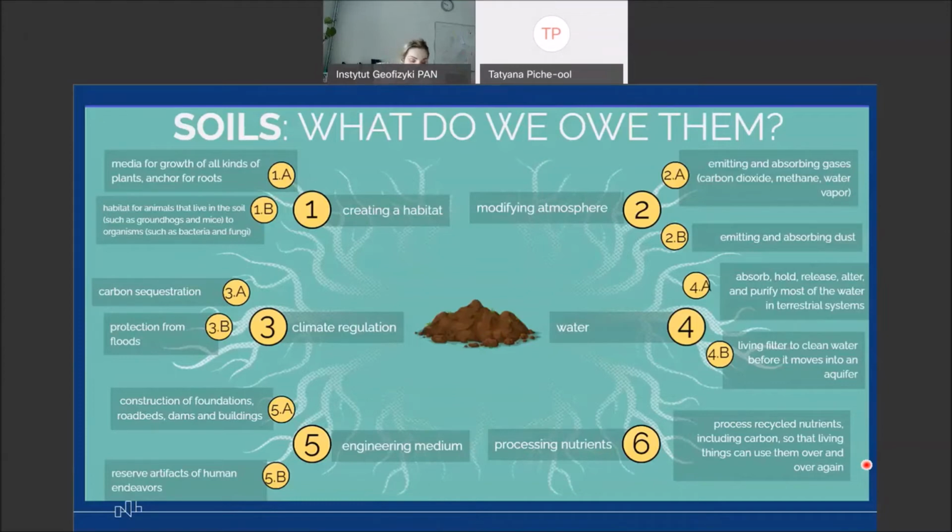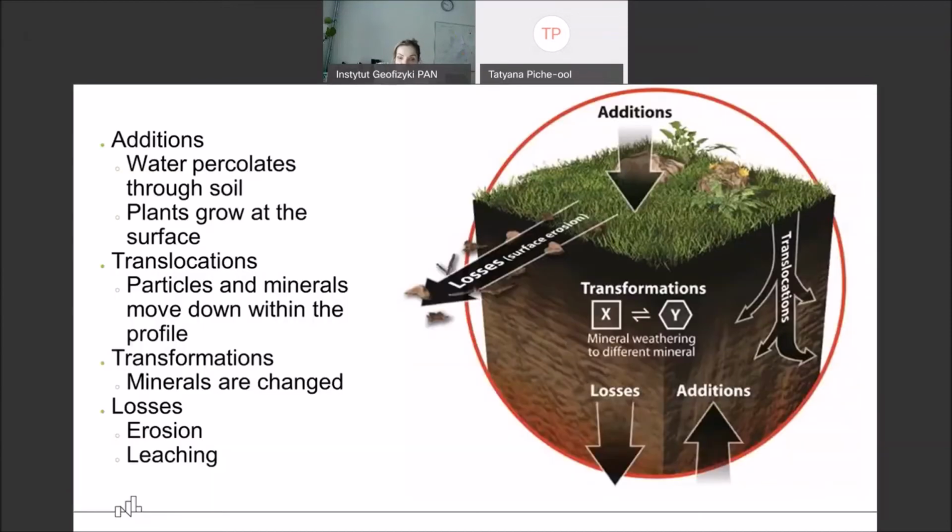It would be very difficult to create anything without soil. We have buildings, we have highways, and underneath there's soil. And also, not many people know that most antibiotics were taken from soil microorganisms. So soils also help us to maintain our health.